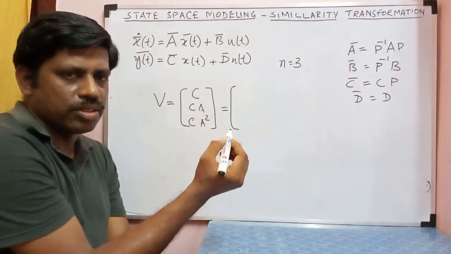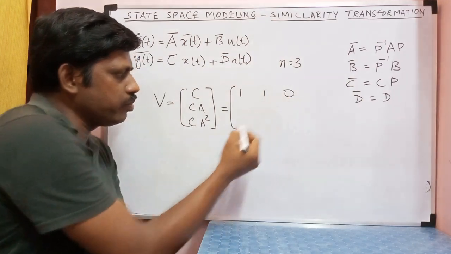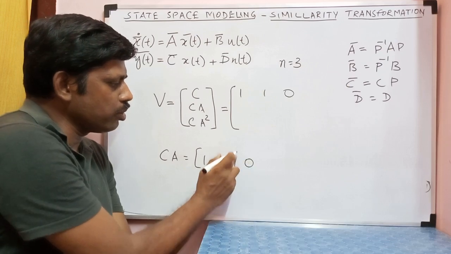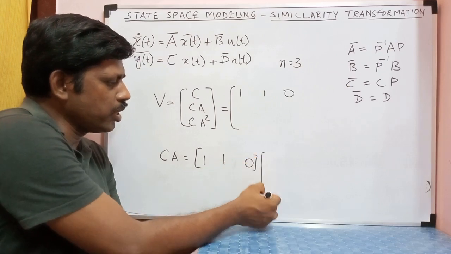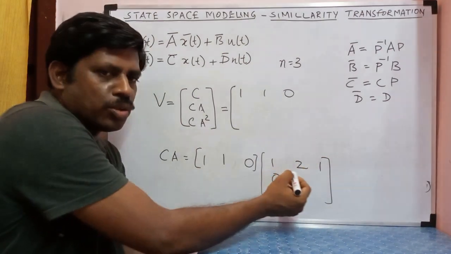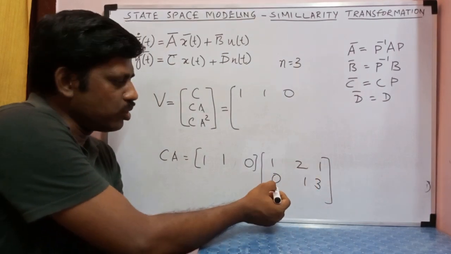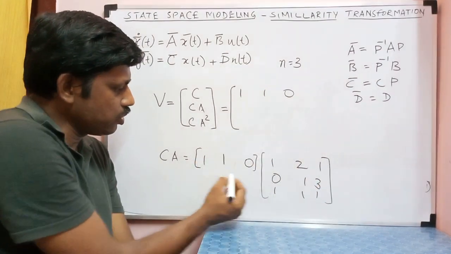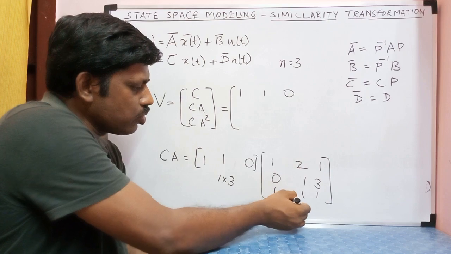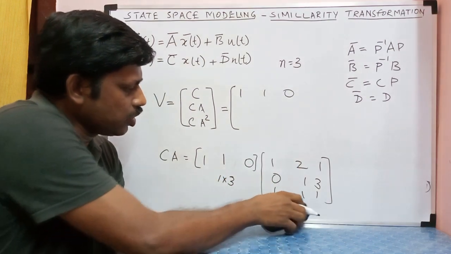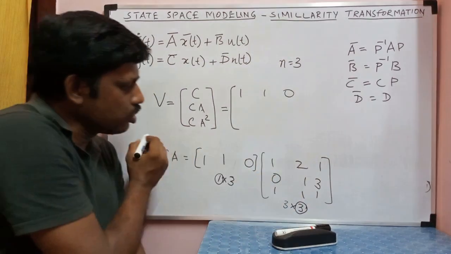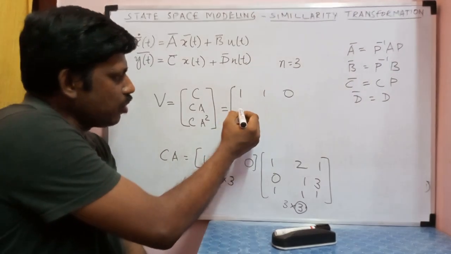So what is C here? It is given as 1, 1, 0. What is CA? CA is nothing but 1, 1, 0 multiplied by this matrix A. A matrix is 1, 2, 1, 0, 1, 3 and 1, 1, 1. If you multiply this, this is 1 cross 3 and this is 3 cross 3, the resultant is going to be a row vector having 3 columns.